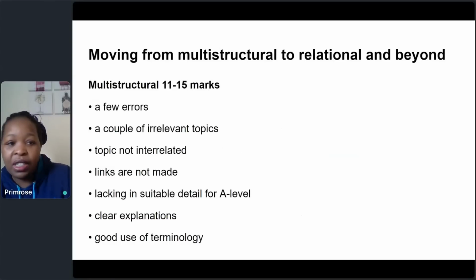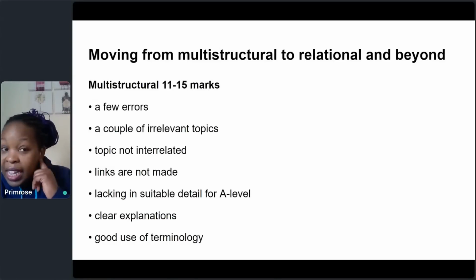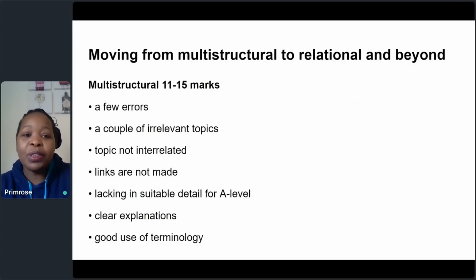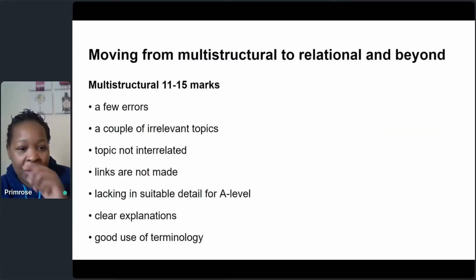So what I've done is just taken the multi-structural because I don't think students should aim for less than that. If you write a multi-structural essay, most of your first essays will fall in this category because you're more likely to waffle on, because you're like, oh, I'll just write about this, then I'll write about this, then I'll write about that. And you'll forget to check for the interrelatedness of the topic.